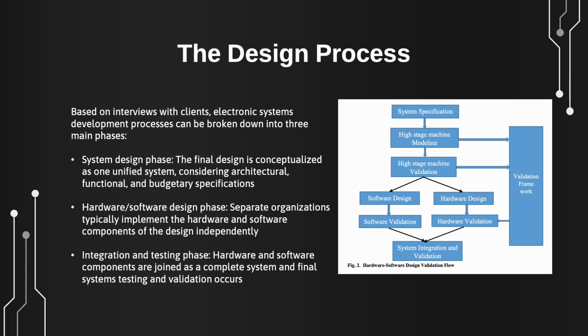And then finally, the integration and testing phase is when the hardware and software components are joined and it becomes a complete system. And that is typically when final systems testing and validation occurs.